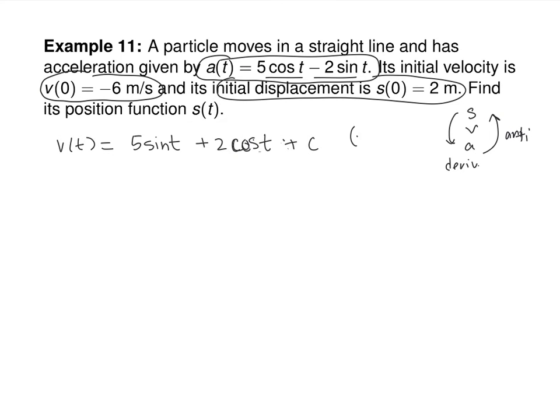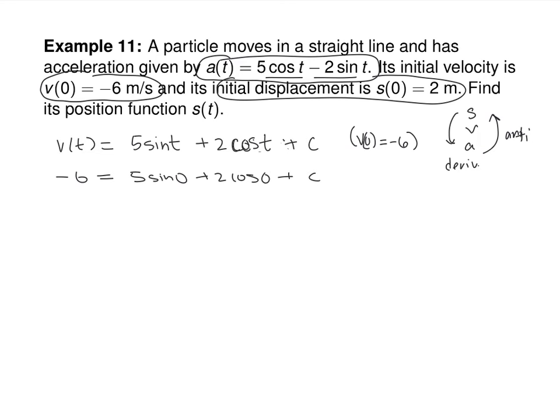And now you know v of 0 is negative 6, right? So input that information. We get negative 6 equals 5 sine of 0 plus 2 cosine 0 plus c. And be careful of sine and cosine because plugging 0 into them does not yield 0 for both of them.